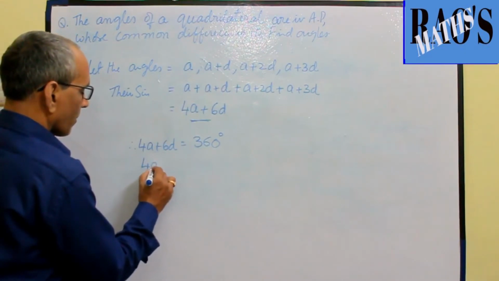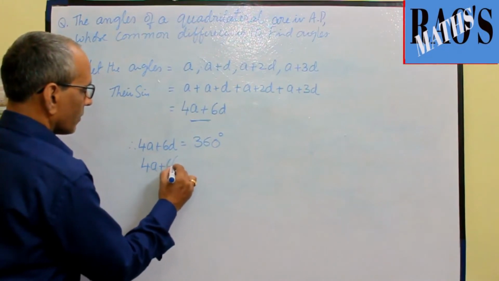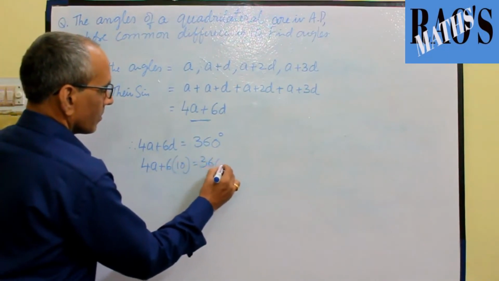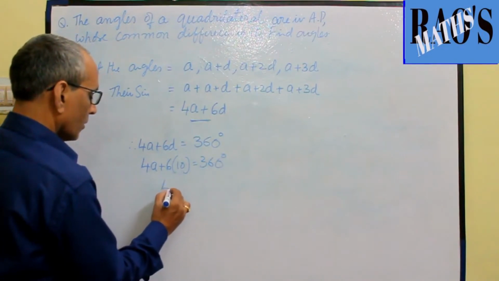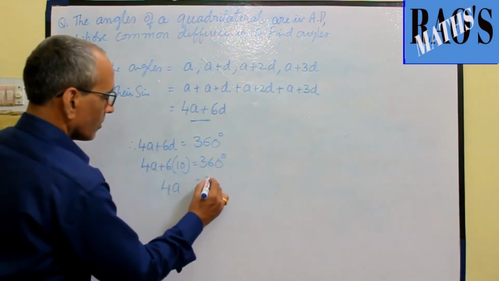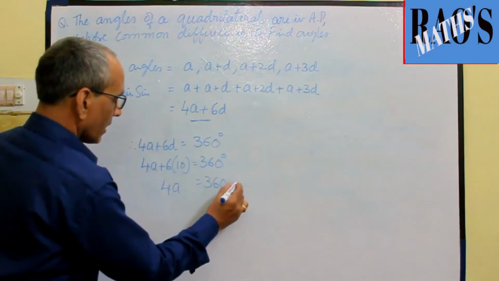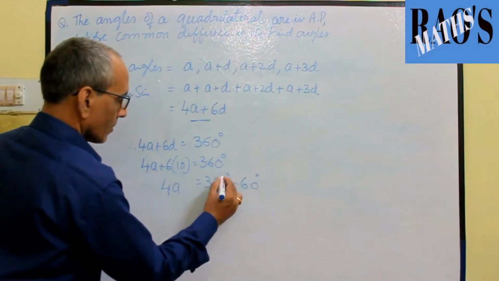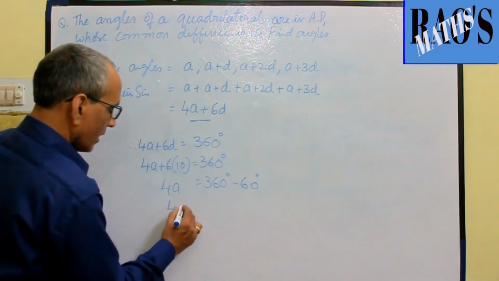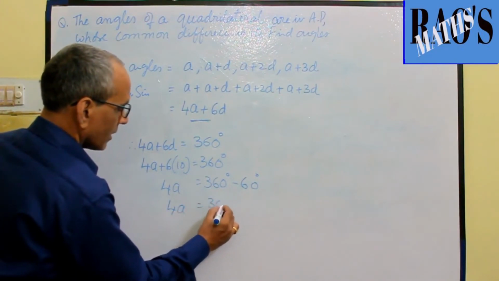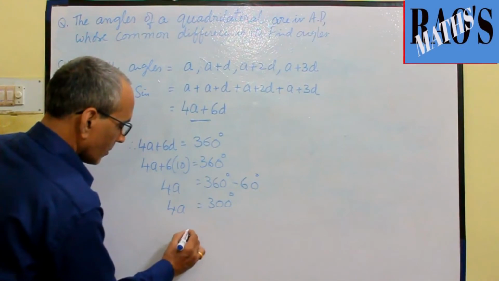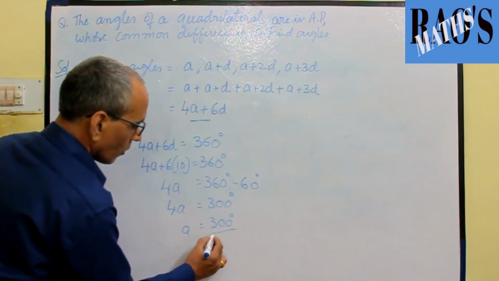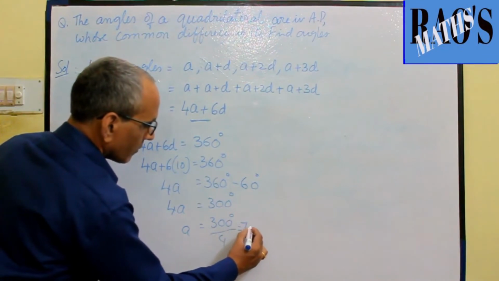Therefore, 4A plus 6 of 10 is equal to 360 degrees. Then 4A is equal to 360 minus 60, therefore, 4A is equal to 300. Then A is 300 by 4, which gives 75 degrees.